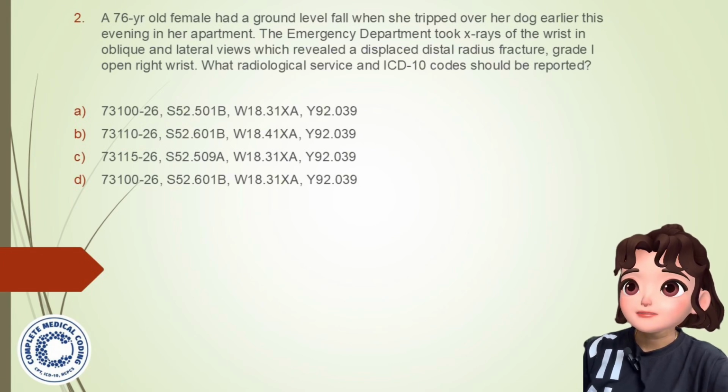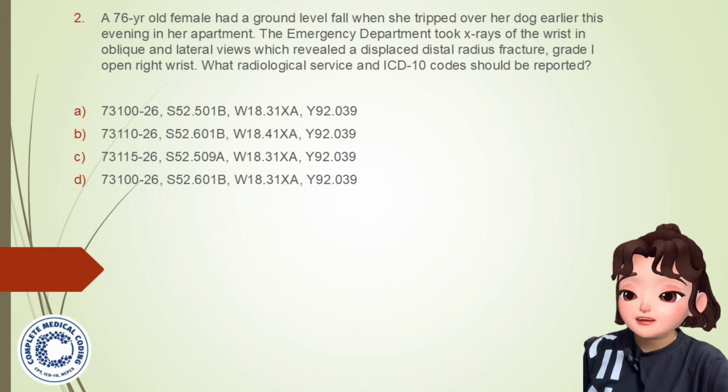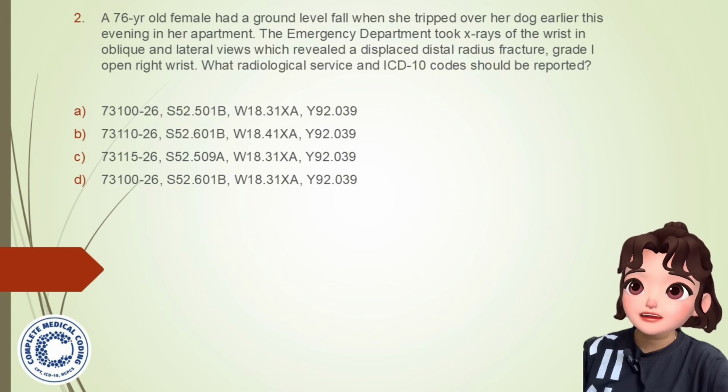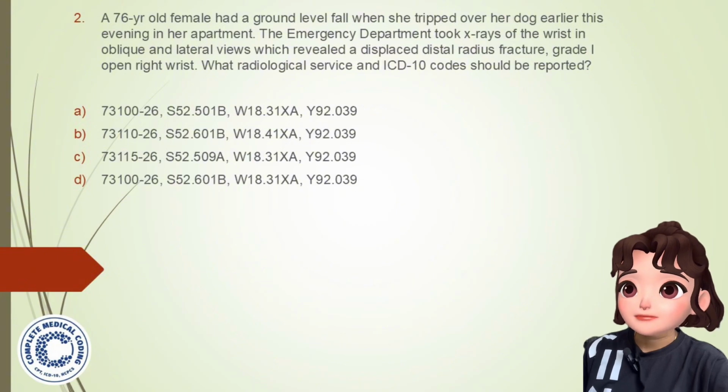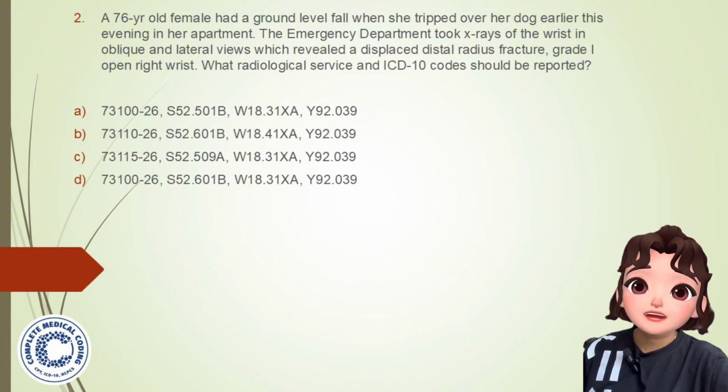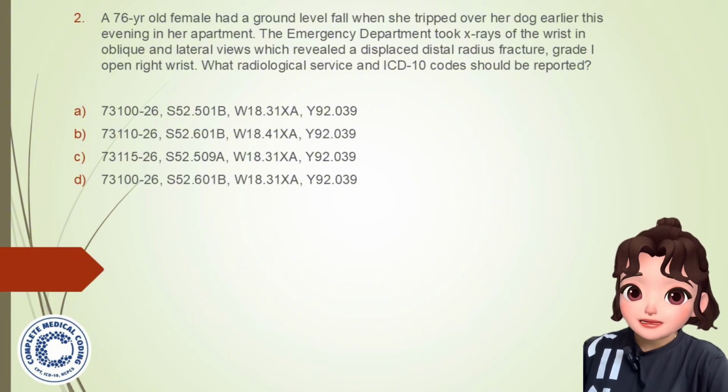Now let's look into the ICD codes. What is the first ICD code? S52.501B. Just open your ICD code book. I'll explain how to code the 7th character. S52 point. You already know A, D and S, right?